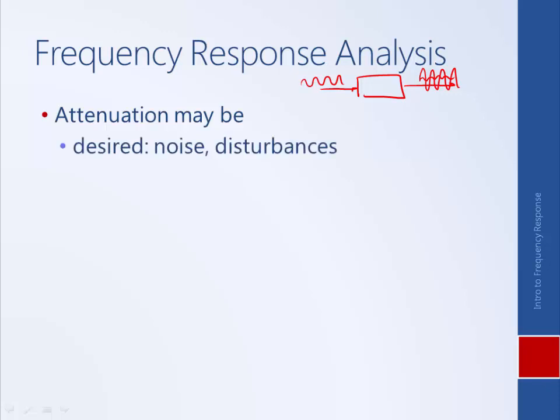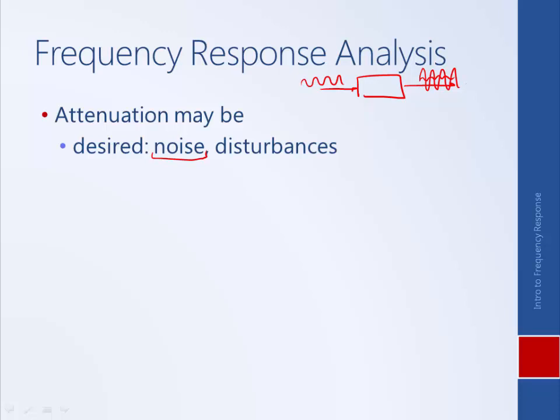So attenuation may be desired if we're trying to decrease the effect of undesirable inputs like noise, like disturbances. So if we're trying to design a filter, we may want our filter to attenuate some frequency, the frequency of the noise. We want the noise to come in and to be decreased on the output.